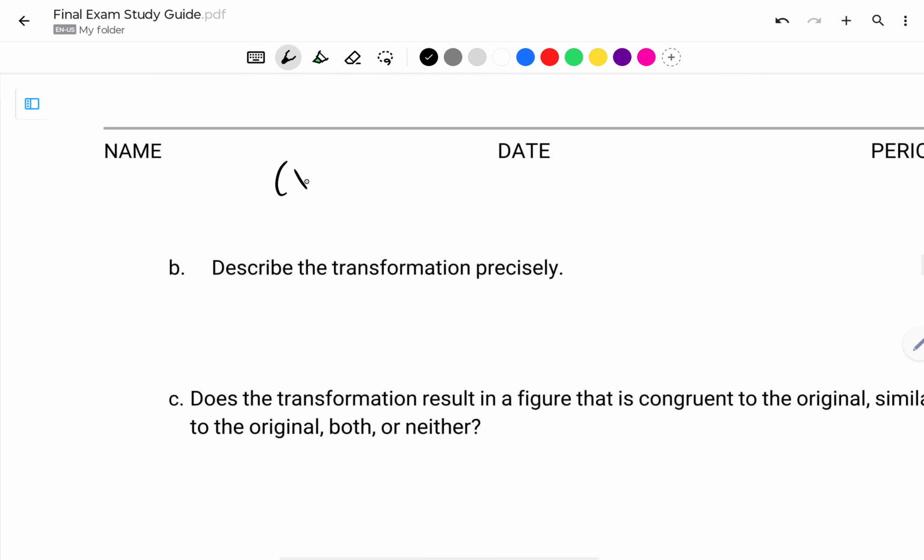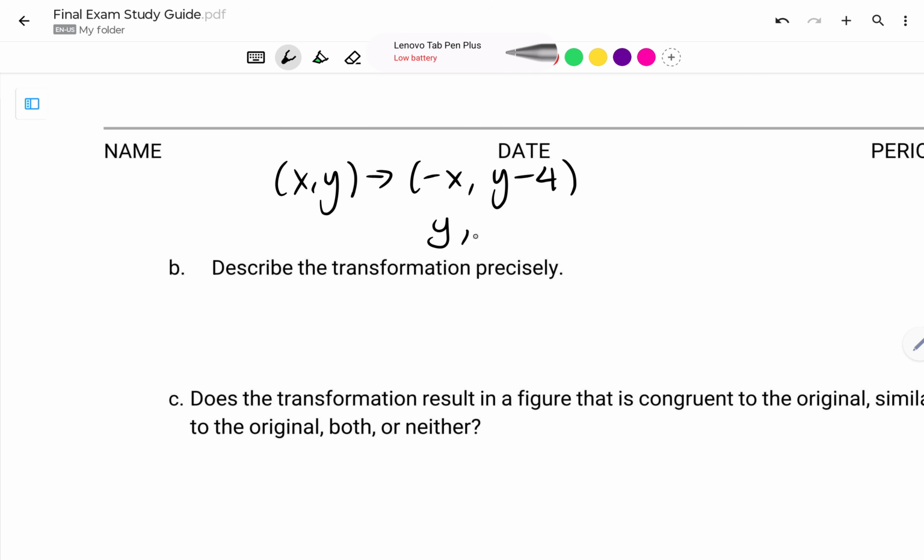We went from (x, y) to (negative x, y minus 4). We know that the placements didn't switch. Like we didn't put y here and we didn't put x here, right? So there's no rotation. Usually when there's a rotation, they flip the coordinates.